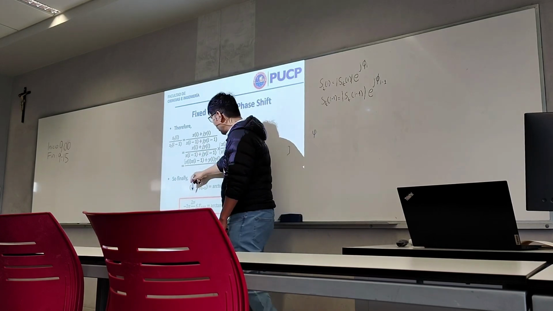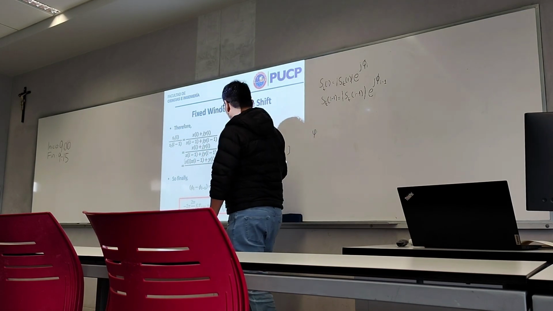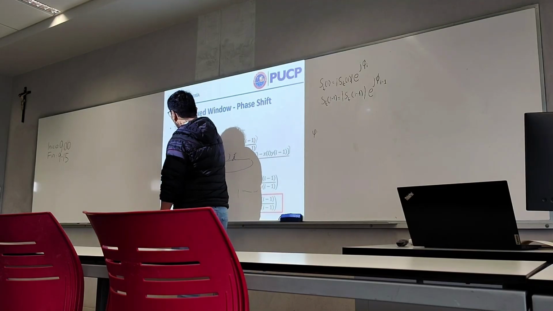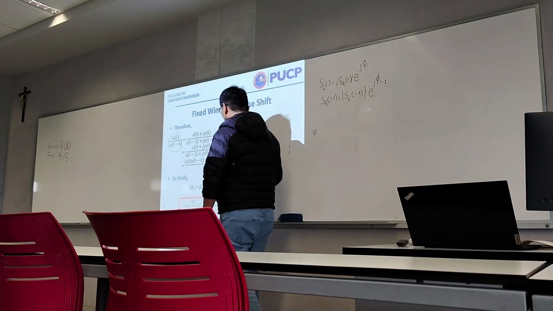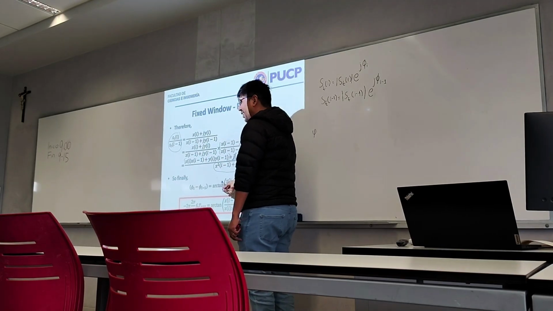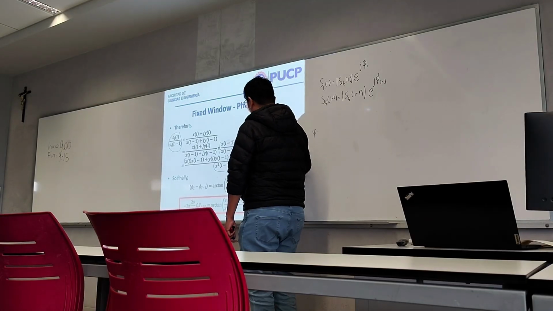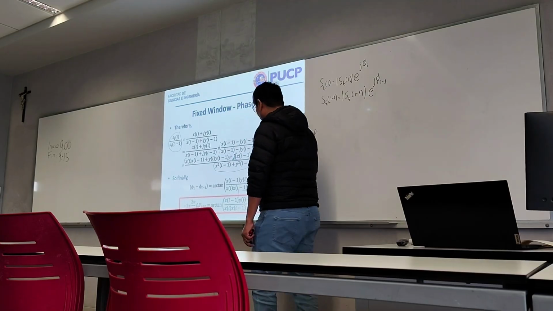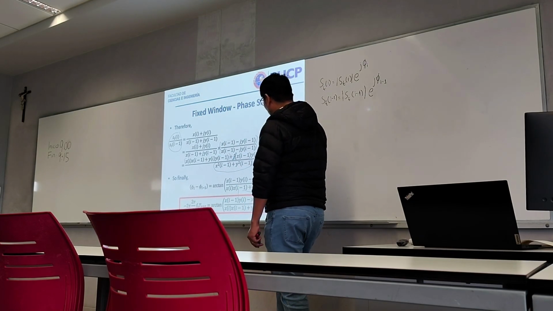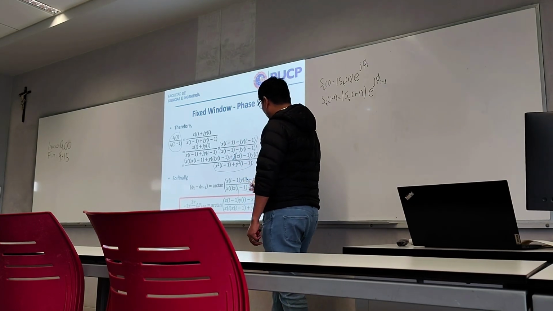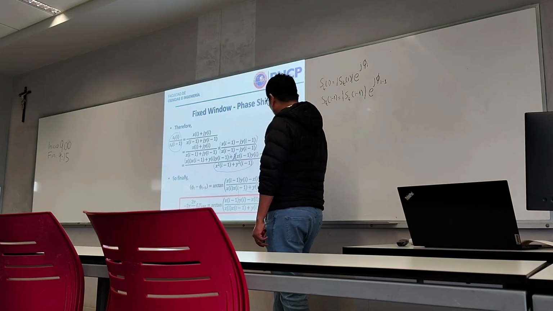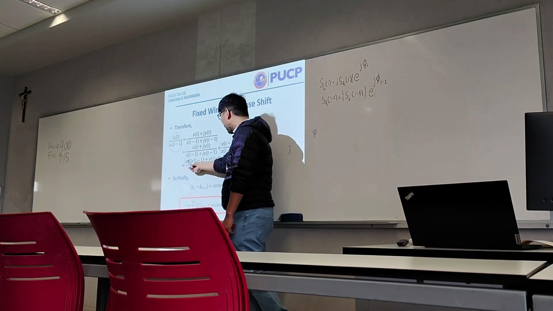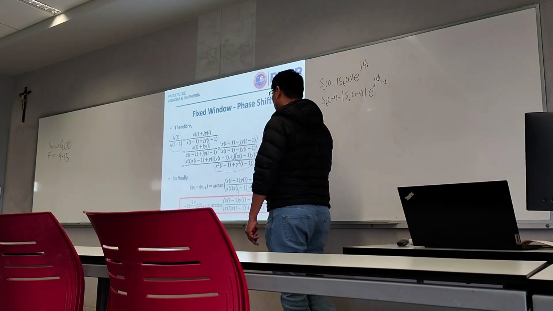And what would be the angle? The angle of this ratio will be the same as previously, right? The arctangent of the imaginary part divided by the real part. So we divide this imaginary term, x(i-1) y(i) minus x(i) y(i-1), divided by this real part.